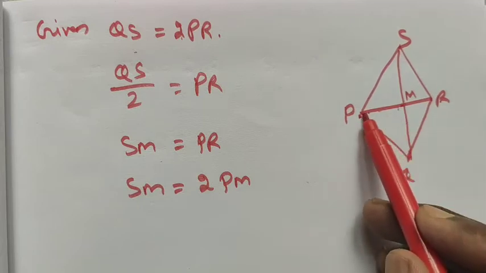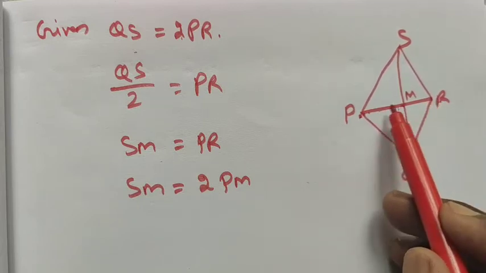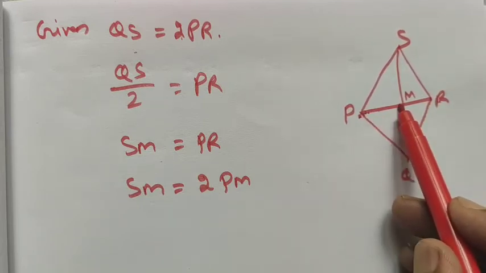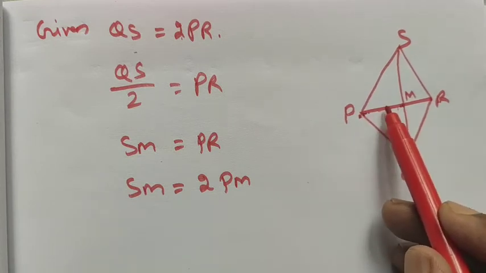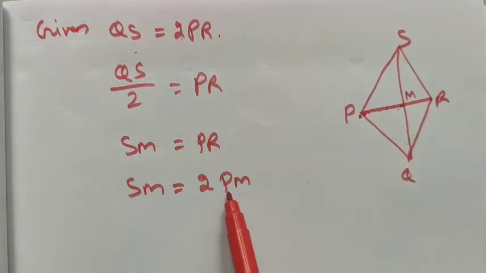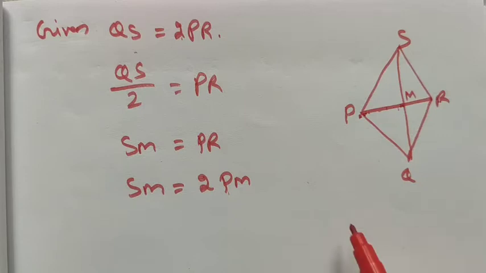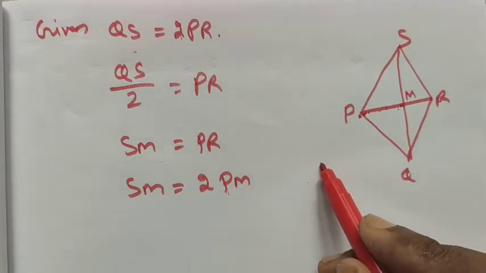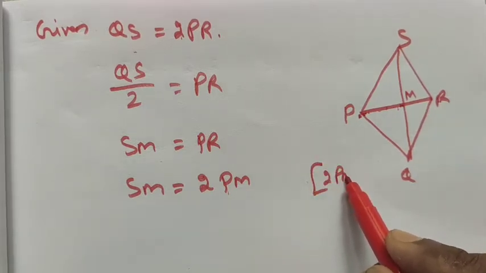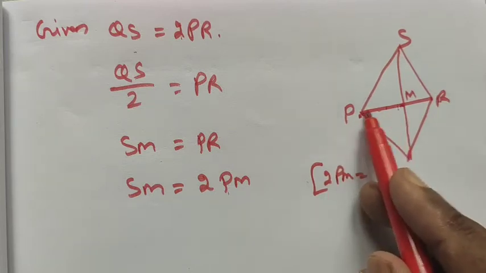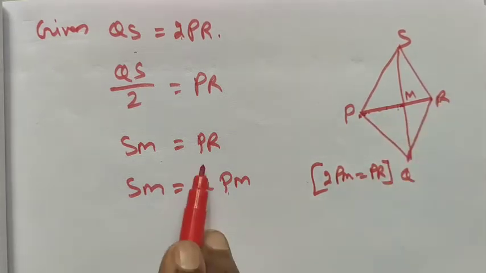So PR is 2 times PM; I multiply PM by 2 and get PR. So this is 2 PM, which equals PR by this condition.